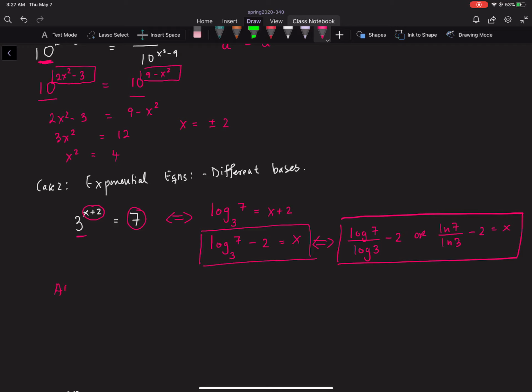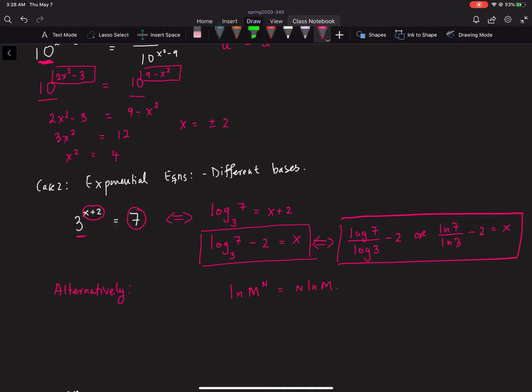alternatively, which you probably see me do every now and then, because of the properties that we learned in logarithms, I can apply the natural log. If you recall, we had this law which says ln m raised to the n, I can drop the power down and have n ln m.